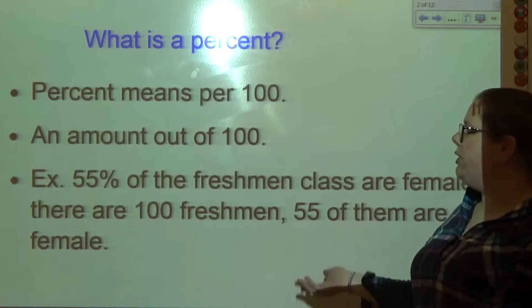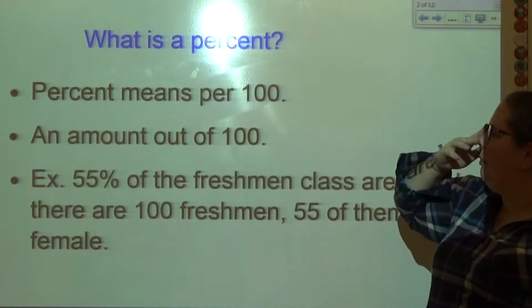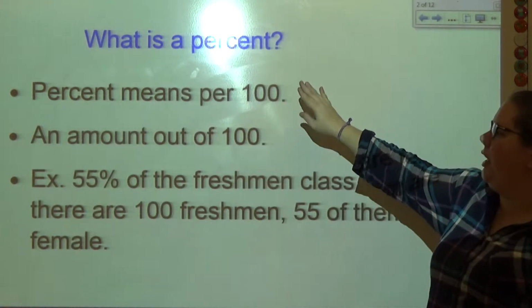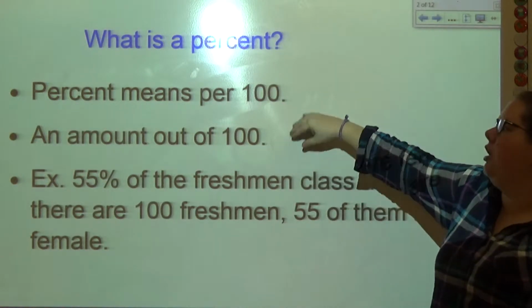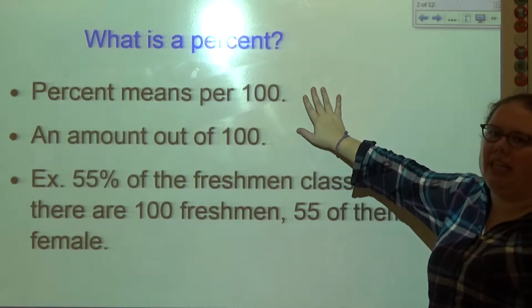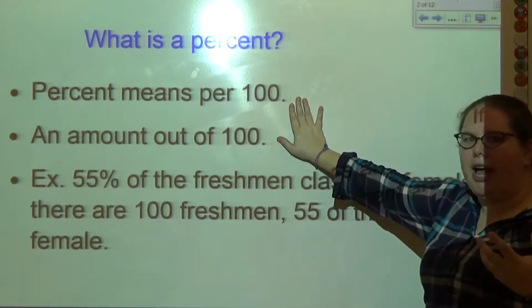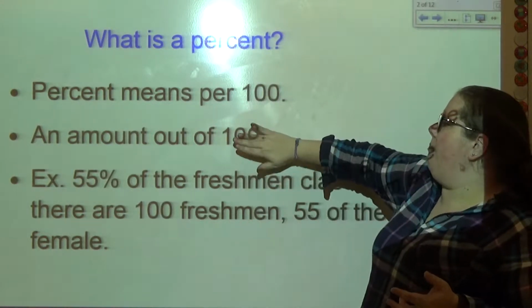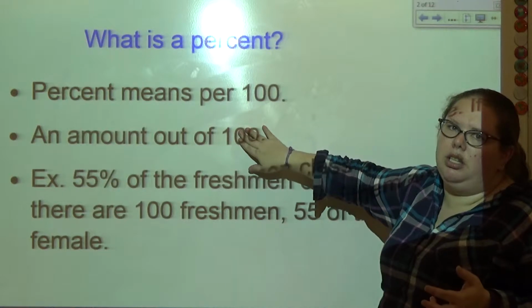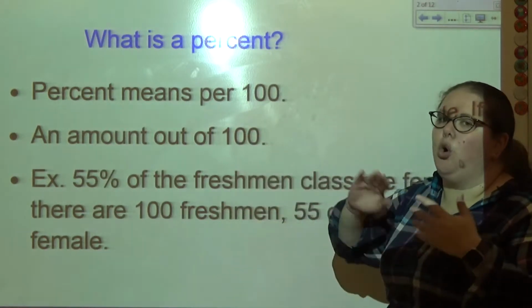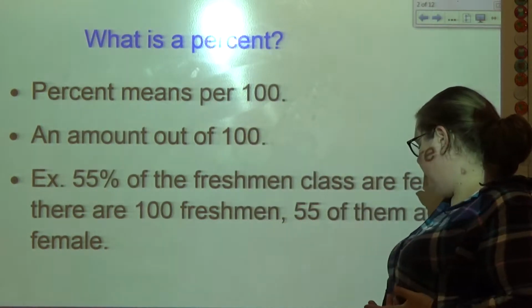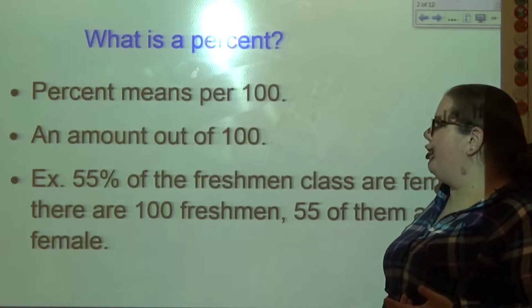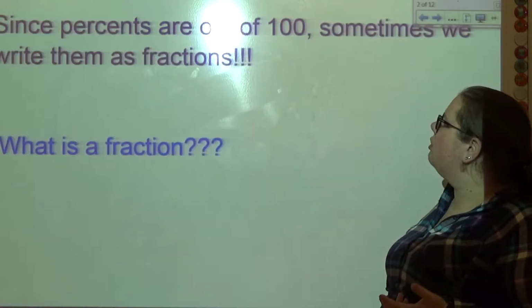Alright, so what is a percent? This was on the last lesson. Percent means per 100, an amount out of 100. And one way we can think about that is it's really a fraction. We're thinking about a percent as an amount out of 100, like 55 over 100. We're really thinking of the fractional understanding of a percentage.